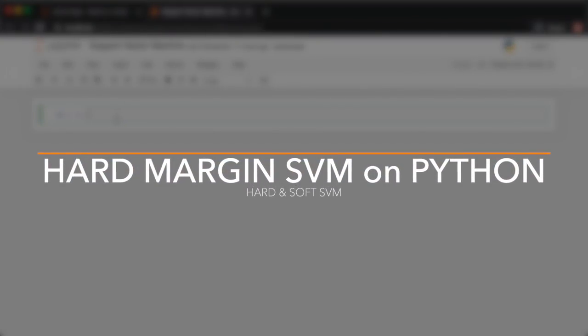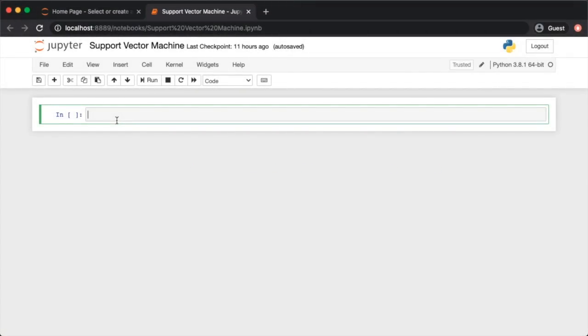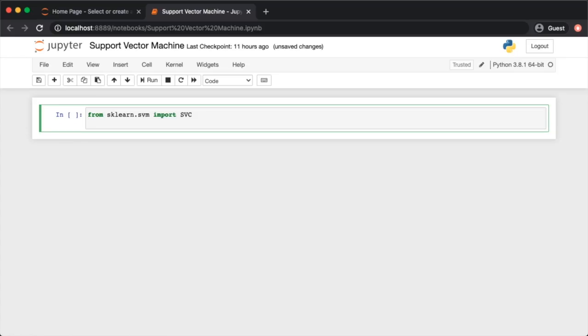Now before we get into the soft margin linear SVM, it's worth spending some time to see how to get SVM up and running on your Jupyter notebook on Python. Okay, so for that, let's import the dedicated libraries or modules. So we need the SVM classifier, SVC, from sklearn.